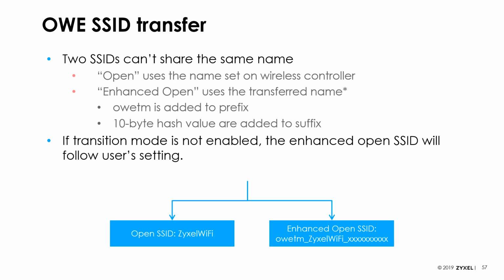Okay, so this is the method of having basically only one visible SSID, but WPA3 and WPA2 clients can work with that same visible SSID.